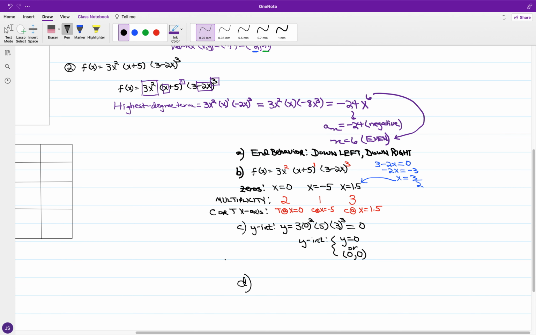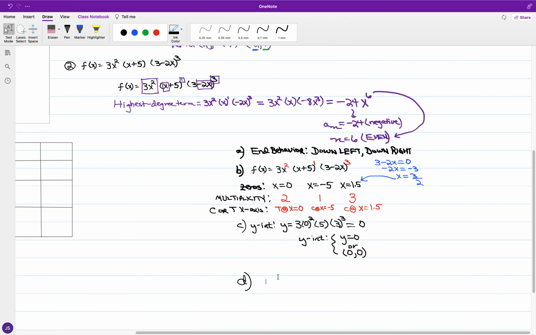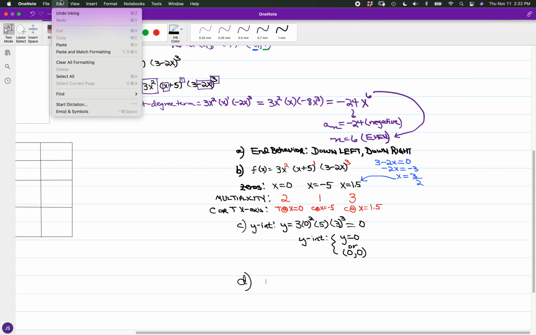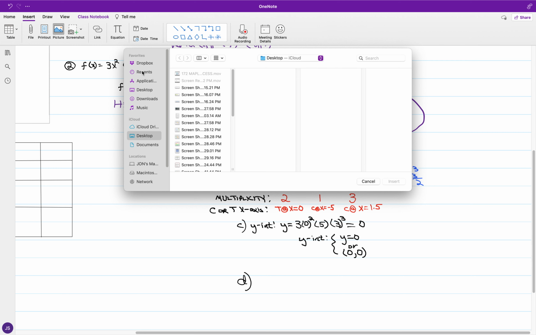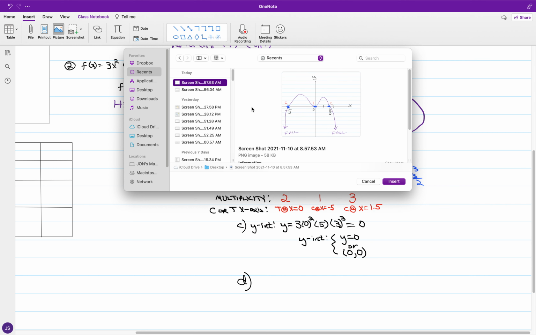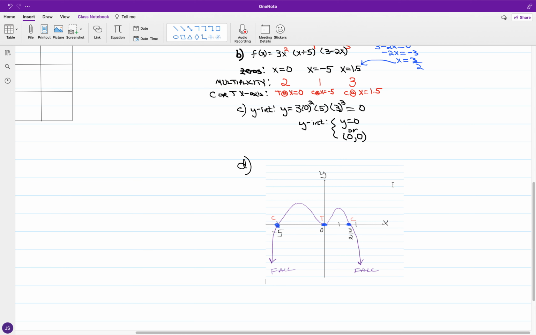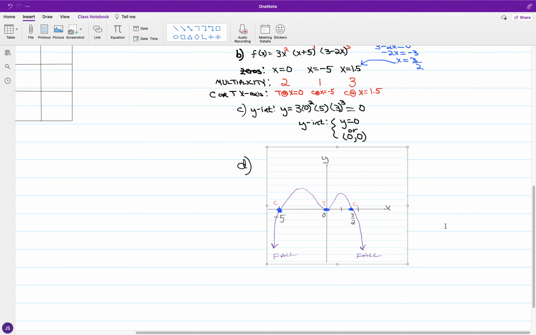Yes, I do have the visual on this one. So you've got your y-intercept at the origin and the end behavior: down to the left, down to the right, or falls to the left, falls to the right.